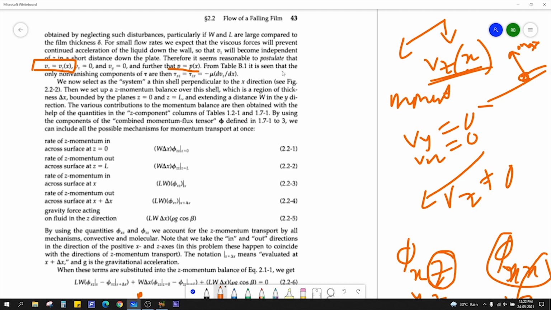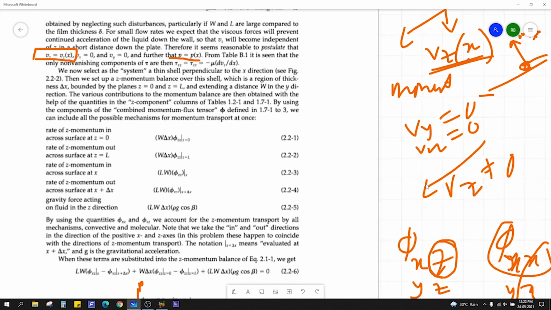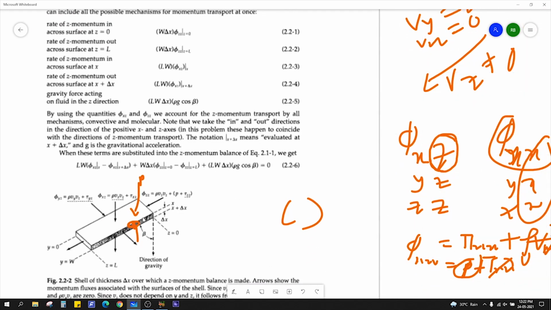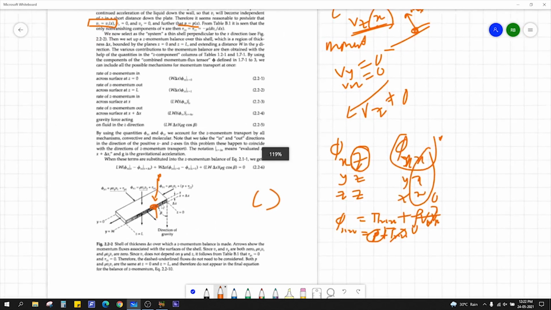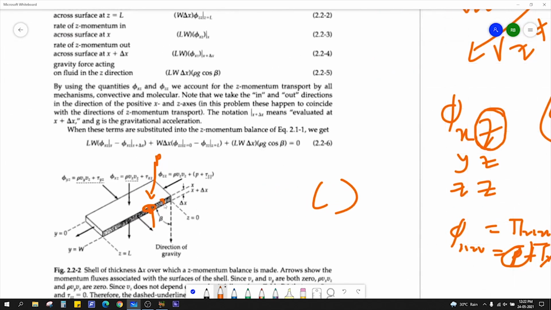a function of x. Why is pressure a function of x? I told you, because the liquid above will exert pressure on the bottom liquid. So the pressure of this part of the fluid will exert some pressure on this top.